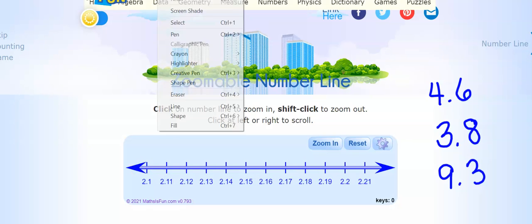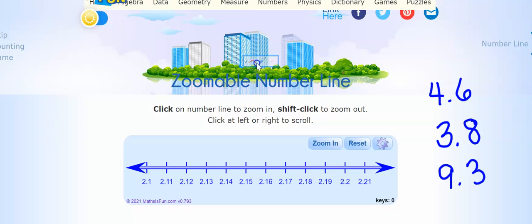So let's look at the numbers that are between 2 and 1/10 and 2 and 2/10. What do you notice? I'm noticing that it's numbers that are going to the hundredths.